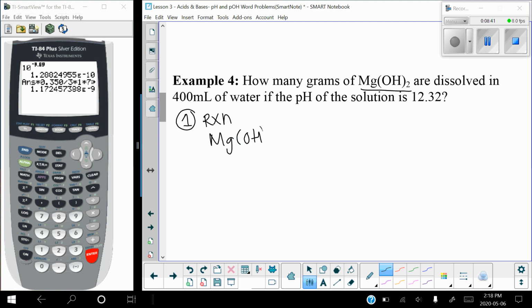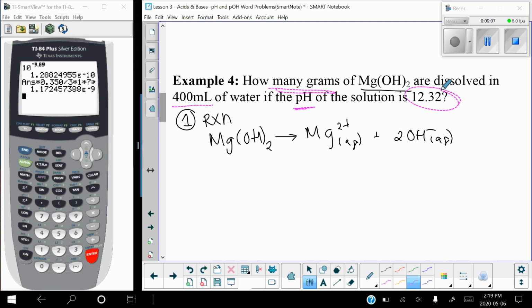It's going to give me magnesium ions and 2 hydroxide ions. From here, let's look at the information that's given to us: 400 milliliters, we're looking for mass, and it's given us a pH of 12.32.